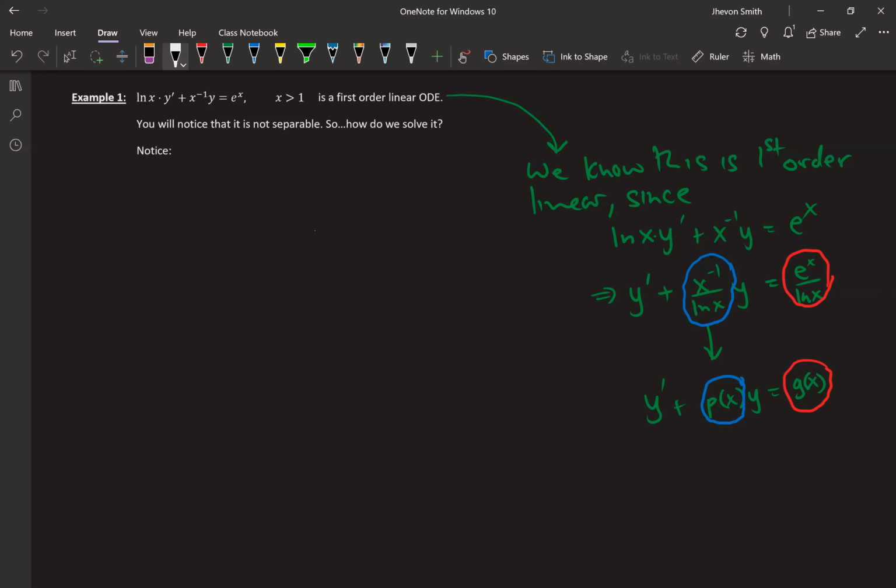You'll also notice that this is not separable. You cannot, using multiplication and division, separate the x's and y's. You can't write this in the form f of y dy equals g of x dx. So I know that this is a first order linear, it is not separable, so the technique I showed you yesterday would not work for this guy.